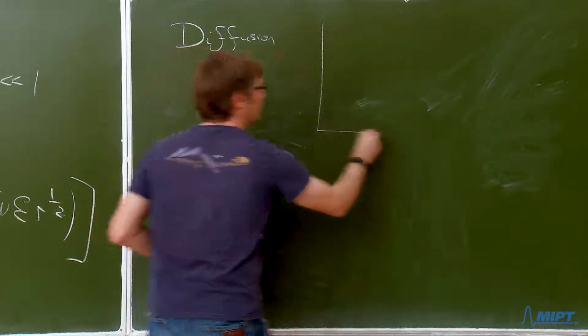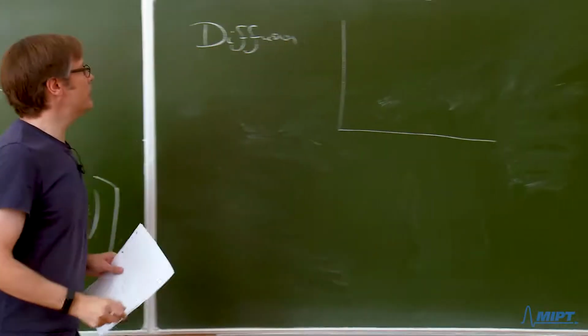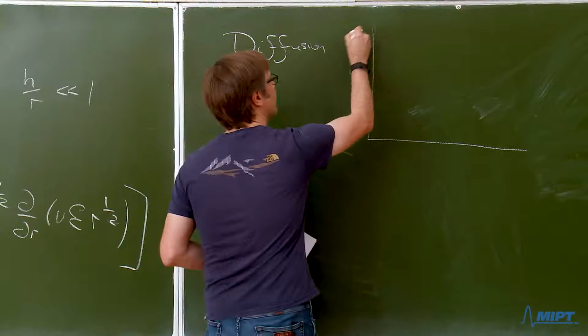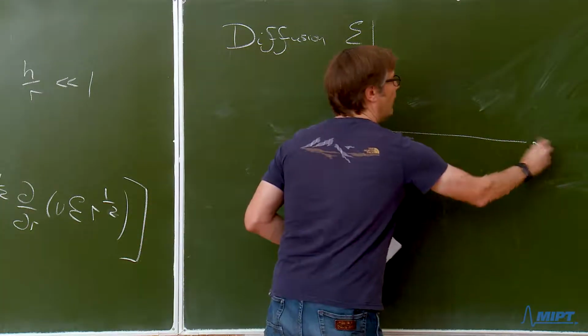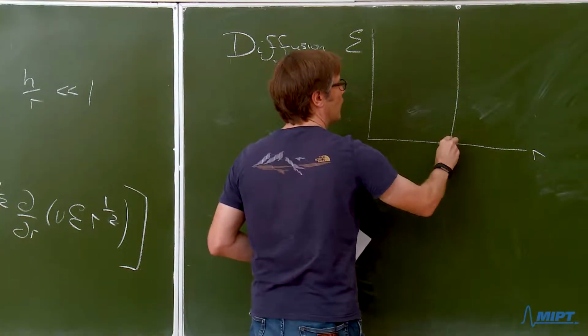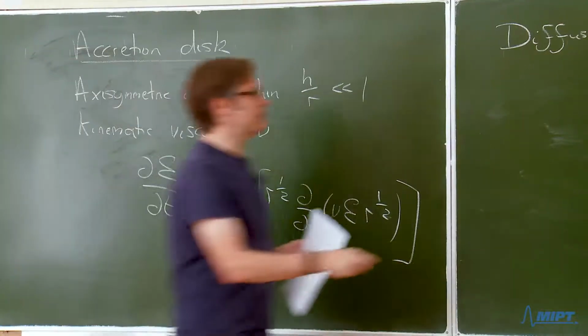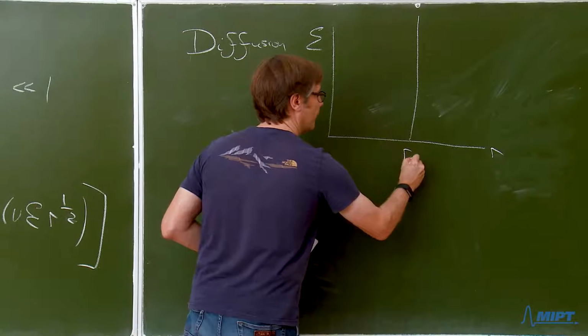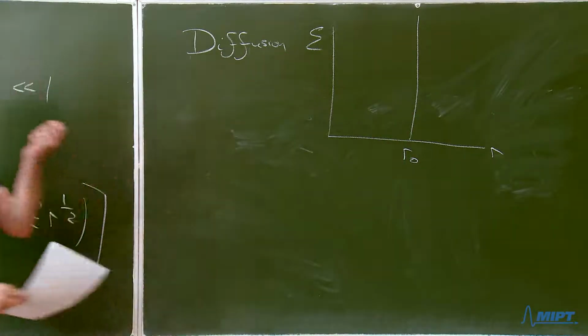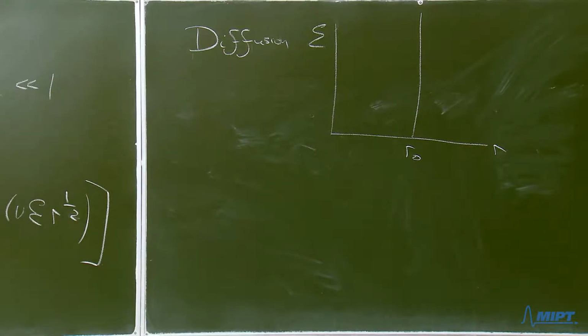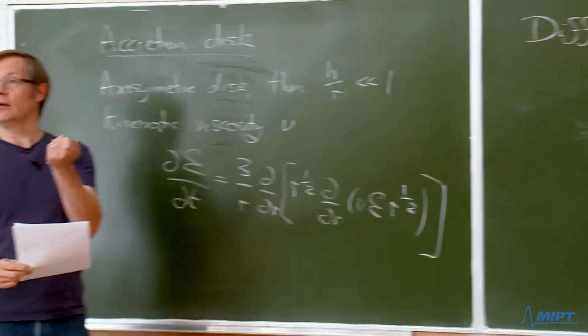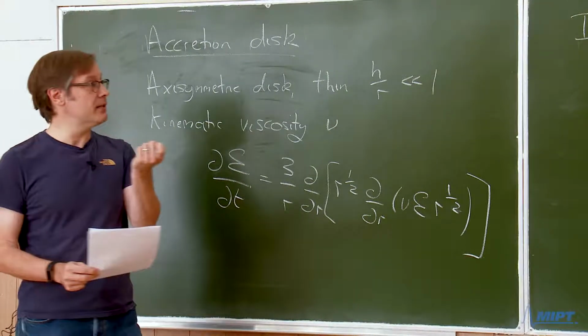And if you plot an illustrative solution for this, imagine you have sigma as a function of r, and you start with a delta function of the surface density at some radius, call that r0. So that would represent a thin ring of gas orbiting the star at some particular distance.